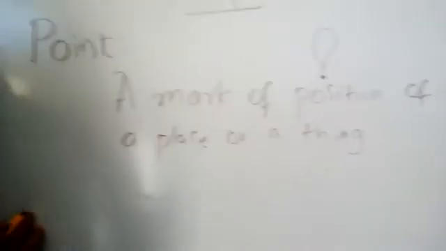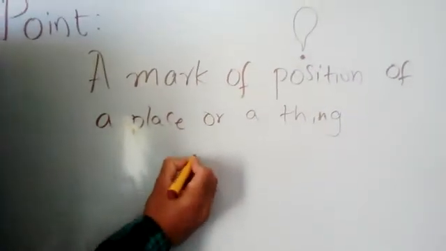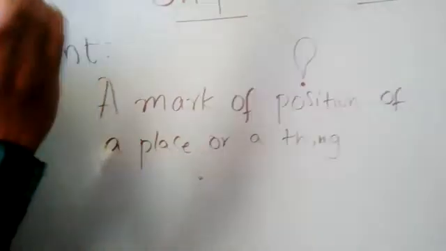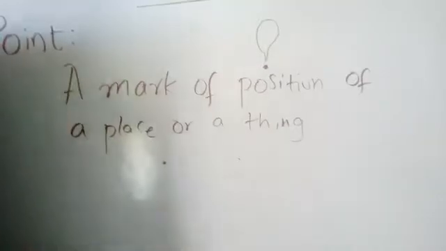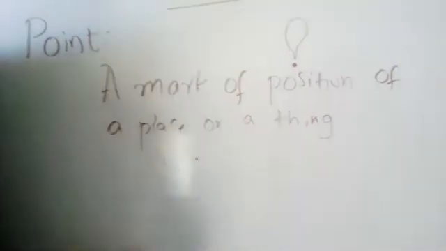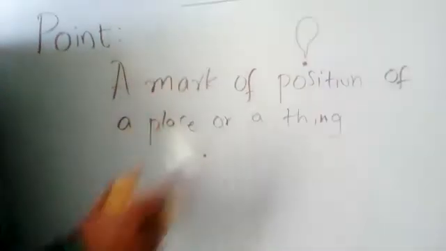So how do we denote a point? We denote it with a small dot. You just take the pencil tip and put a dot on the surface. It doesn't have length, it doesn't have breadth, and it doesn't have height.